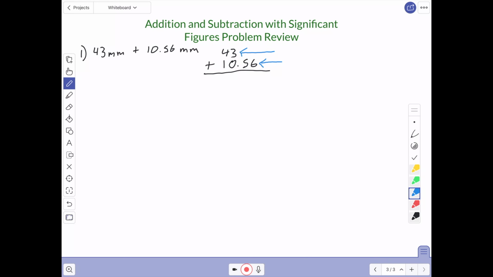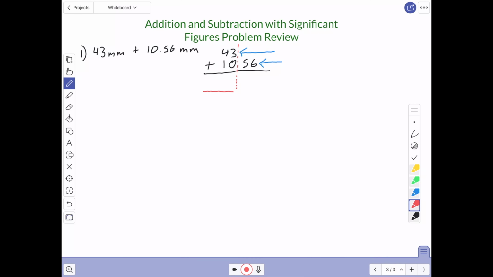And whichever arrow goes farthest to the left, we're going to draw our vertical line just to the right of that digit all the way down. And remember that the purpose of that is going to help us know that the significant digits lie to the left of that, and it's going to help us determine where to round.